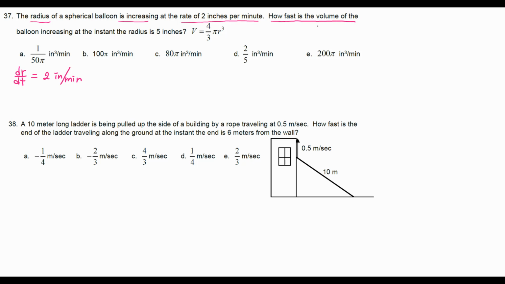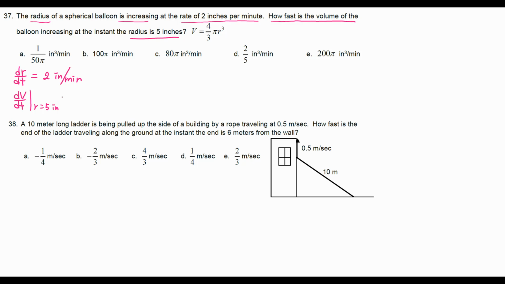So they want to know the rate of change of the volume with respect to time t. So I have to find dV/dt, the rate of change of the volume with respect to time t, at what instant? When the radius is 5 inches, when r equals 5 inches. So that's what I have to get.